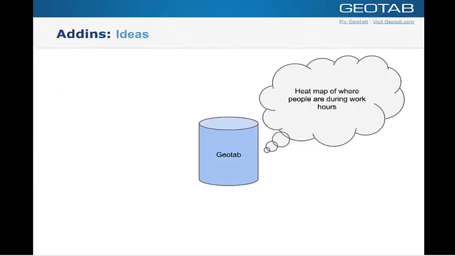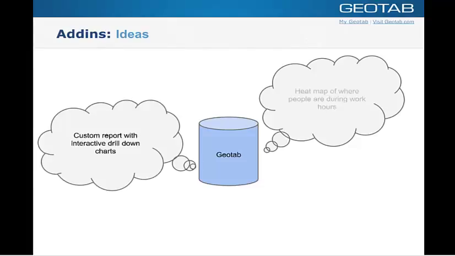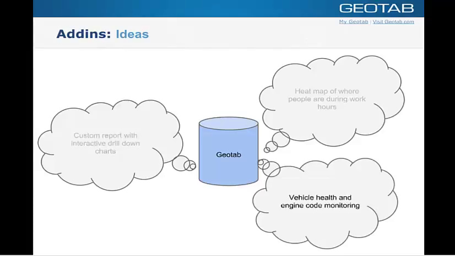Just some ideas of things that you could build into Geotab using an add-in: somebody could make a heat map of where people are during the work hours. You could do some custom reports with interactive drill downs. You could monitor your vehicle health, looking at the engine codes and all of the different diagnostics coming off of the onboard computer.